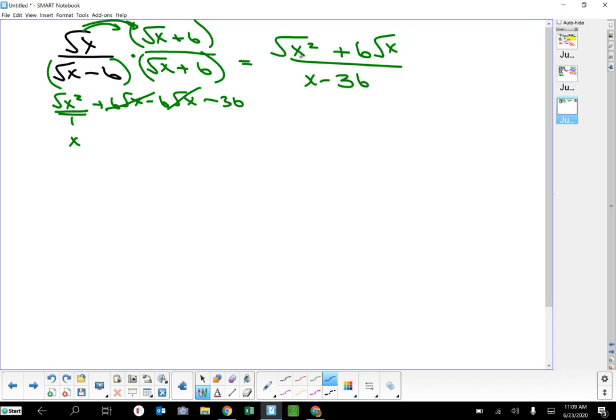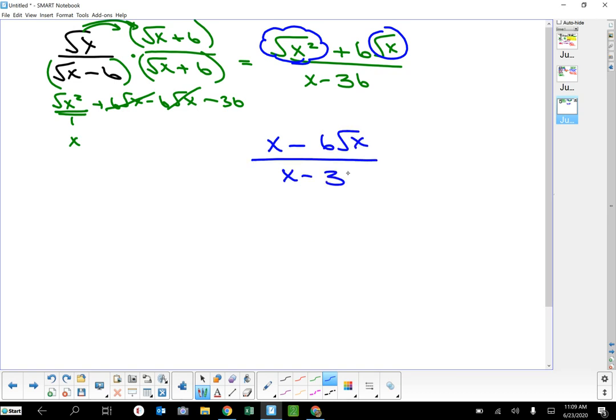Can I simplify any of my radicals? Well, sure. This one will reduce to x. This one is already reduced. So we have x minus 6 rad x over x minus 36. Now let me state, you cannot cancel any of these.